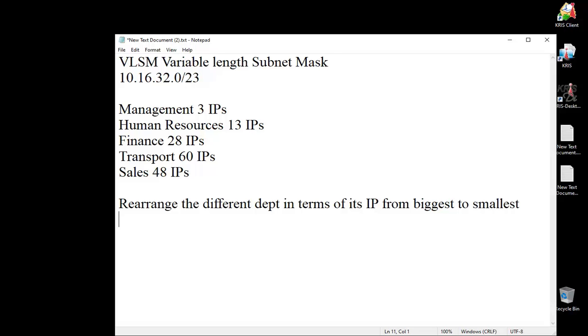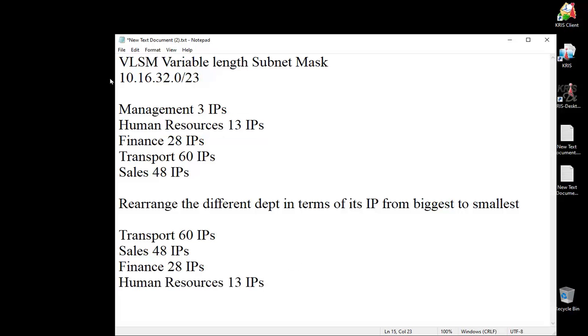If we rearrange these 5 departments from biggest to smallest, I will have transport, which is the biggest, followed by sales second, finance third, human resources fourth, and last but not least, management, which only requires 3 IP.